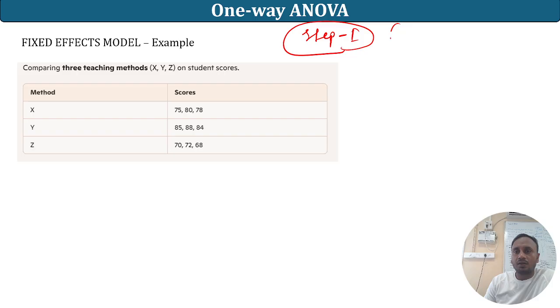Step one, group mean. I will just brief what we are supposed to do there.